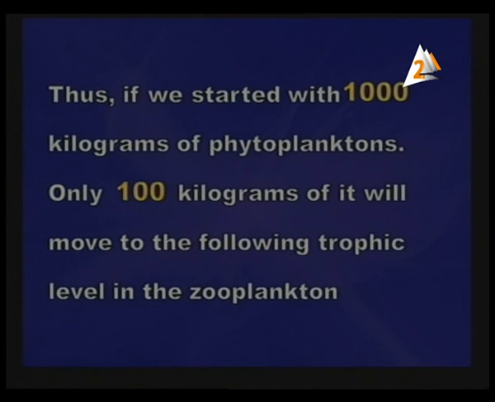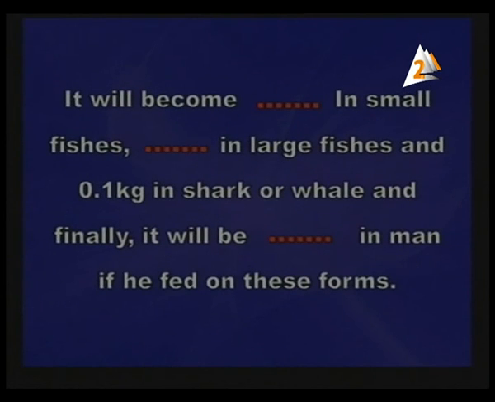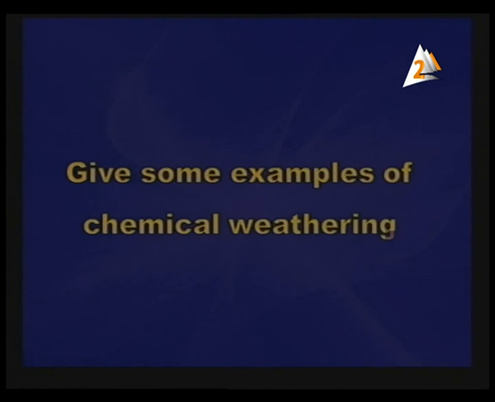And we have another trophic level, and it will become only 10 kilograms in a small fish, which is the third trophic level. It's only 1 kilogram in large fish and 0.1 kilograms in shark or whales, and finally it will be 0.01 in man if he fed on these farms.